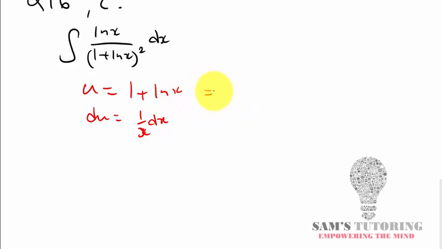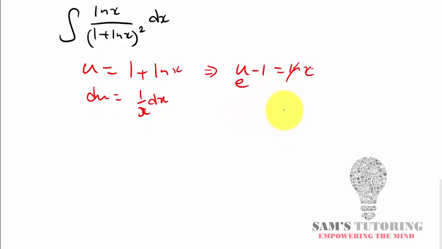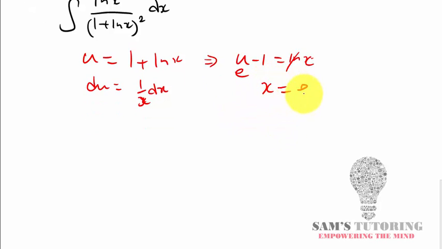From this equation, u minus 1 is equal to ln x, and exponentiating both sides, x equals e to the power of u minus 1. So dx is equal to e to the power of u minus 1 du, because I've moved this x over here.